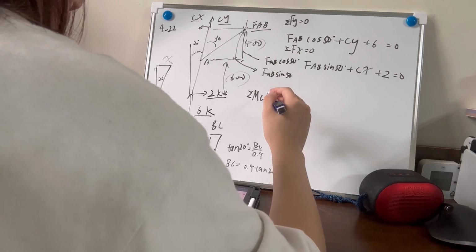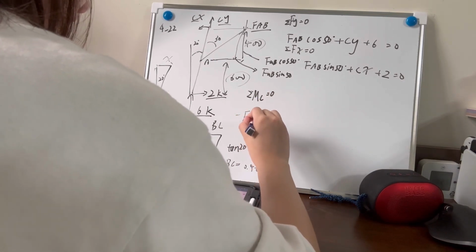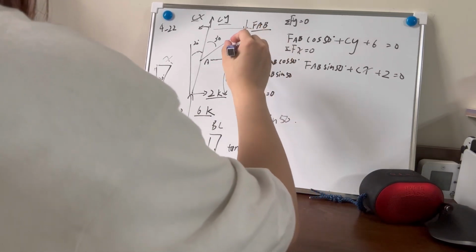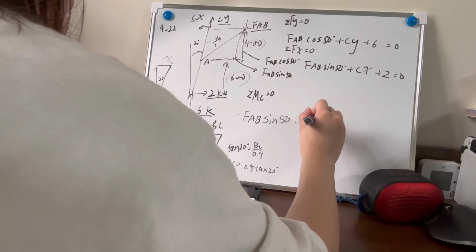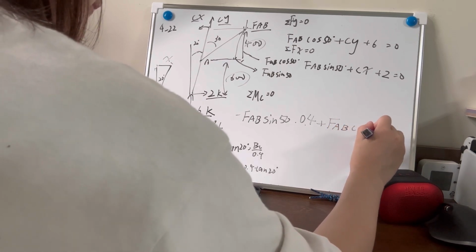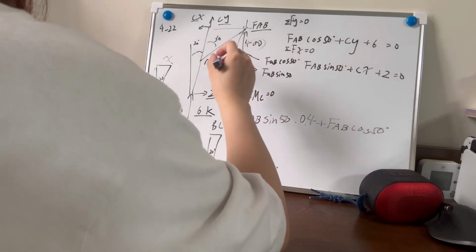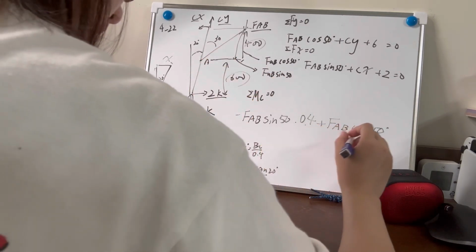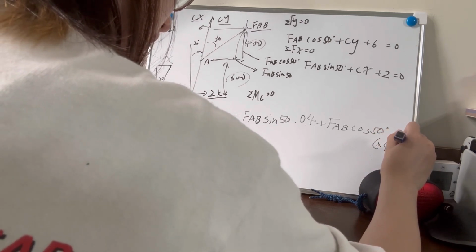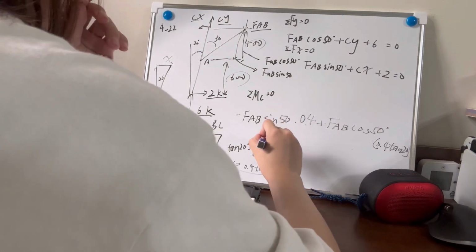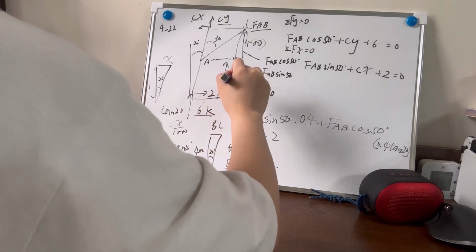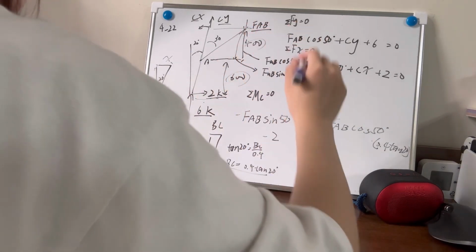So summation MC is 0: minus FAB times sine 50, and the distance is 0.3 m, and plus FAB cosine 50, and the distance is this BC, so it times 0.4 tangent 20. And you also minus 2, this 2, and the distance is here, 600 plus 400, so it's 1 meter.